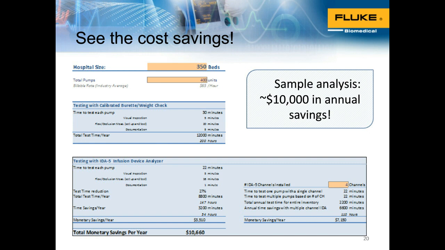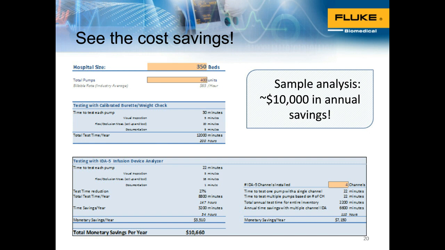So in this particular case, we used a hospital with 350 beds that was able to realize almost $10,000 in annual savings. This is just in terms of savings related to using an electronic analyzer for testing infusion pumps.